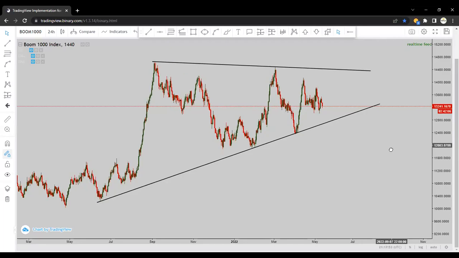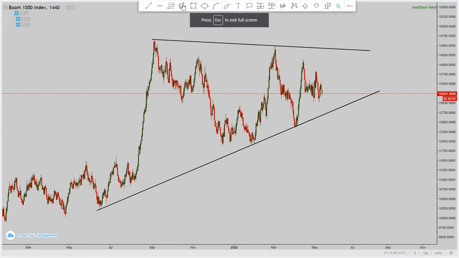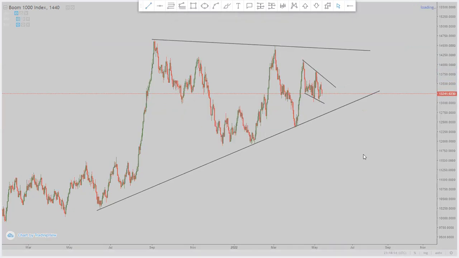So right now that is the structure that we're having for Boom 1000 according to the daily time frame. And also you can see that after that impulse move, price began to kind of play around going to the downside. So let's go to the 4-hour and also see what structure we might be having there.